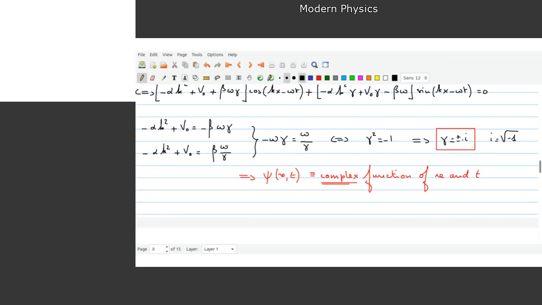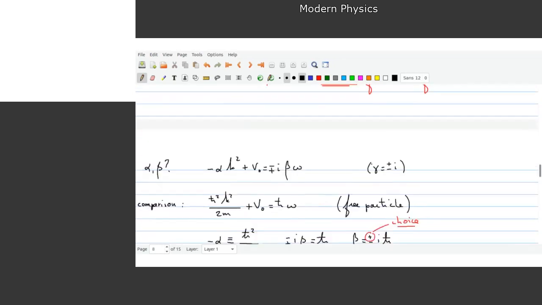So this is a complex number, and it will impose the fact that the wave function is a complex function of x and t. And so this is something very special.